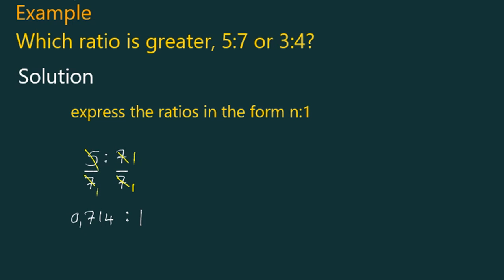So what about the ratio 3:4? In the form n:1 we divide by 4 and 4, and we get 0.75 for 3/4 is to 1 for 4/4. So we can clearly see here that the ratio 0.75 to 1, which is 3:4, is the greater ratio.